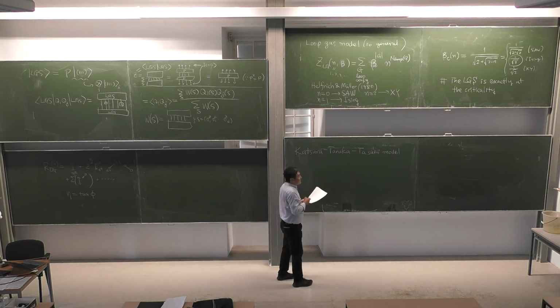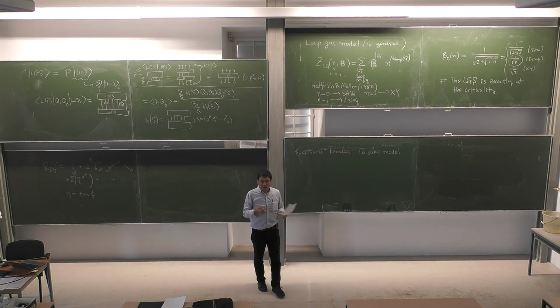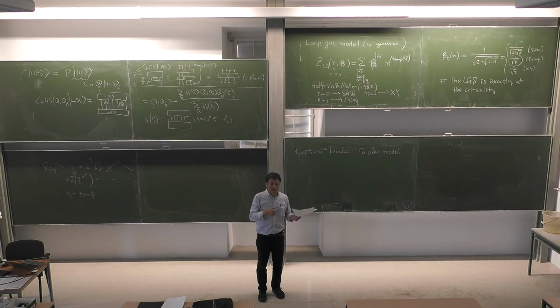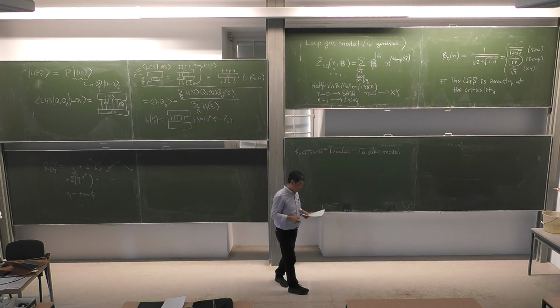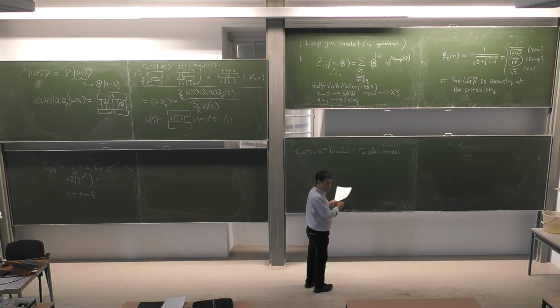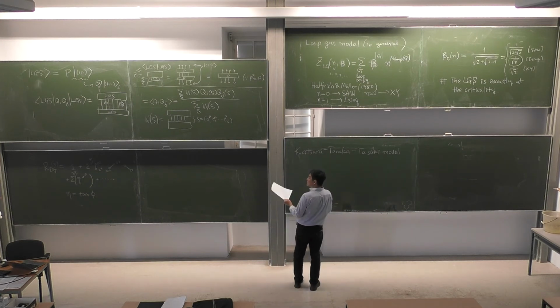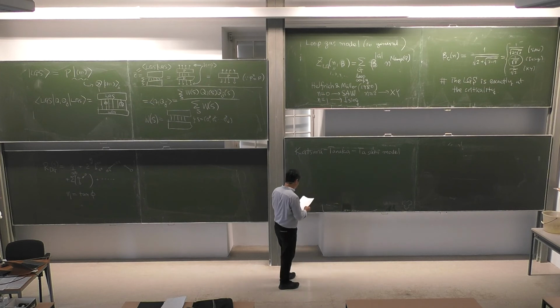So the question is whether we can construct a short-range interaction model in such a way that the ground state of such a model is exactly represented by the tensor network with finite bond dimension, and also it effectively maps to the two-color loop gas. And that's the example I'm going to show you in 10 minutes.